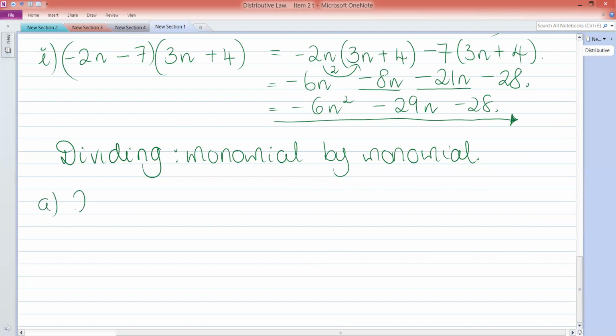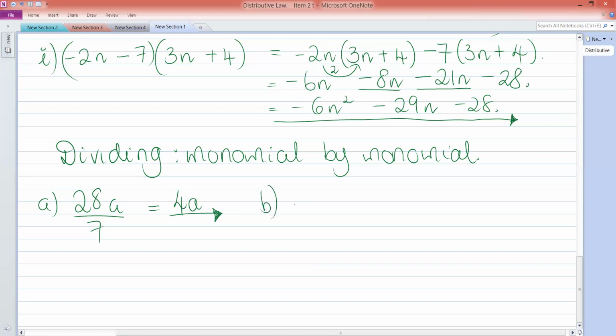Let's say I have 28a divided by 7. Now, you have a coefficient and then there's a number 7 at the bottom. There isn't a variable at the bottom. So when we do this, we're only going to divide the coefficient, the number 28 by 7. 28 divided by 7 gives us 4. And remember, the a stays there because it doesn't have a like term at the bottom to divide by.